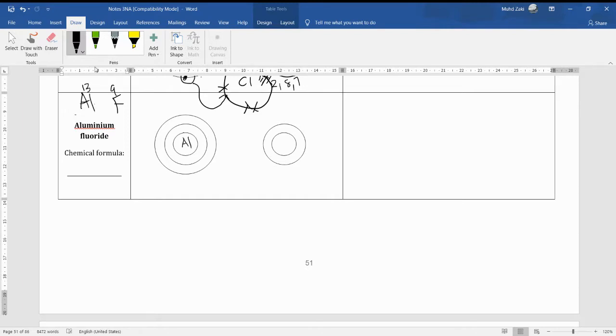So aluminium, since it has 13 electrons, the electronic configuration should be 2, 8, 3. For fluorine, since there are 9 electrons, the configuration will be 2, 7.